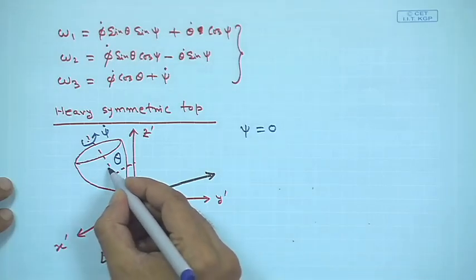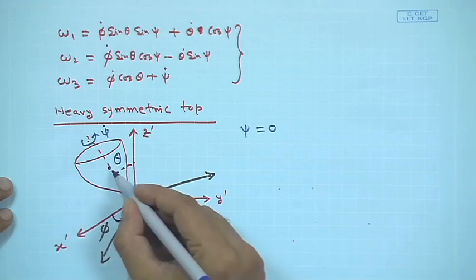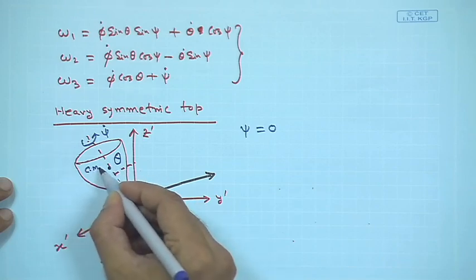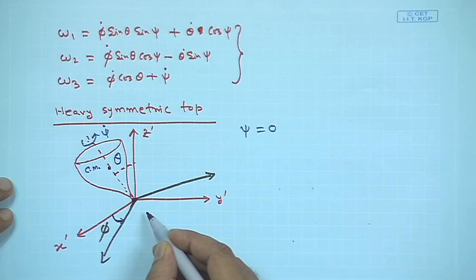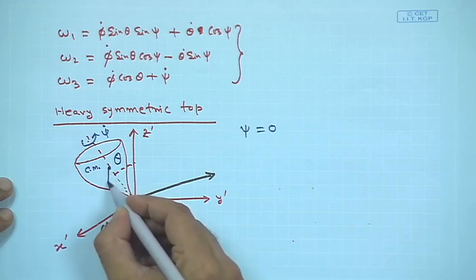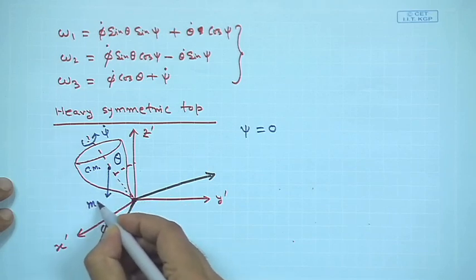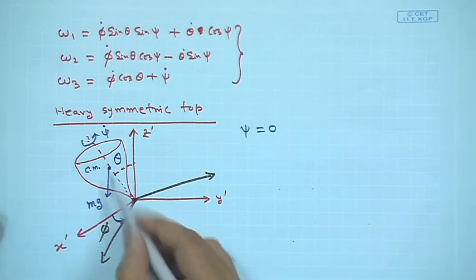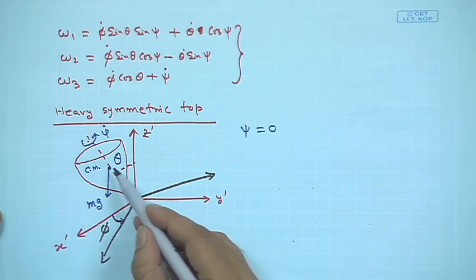What we need to understand is that there are three types of motion possible in a heavy symmetric top. First of all, why is it called heavy? Because let us assume that the center of mass is somewhere on this axis, by the symmetry of the problem. For a system of particles, we can assume that all the forces act directly at the center of mass.